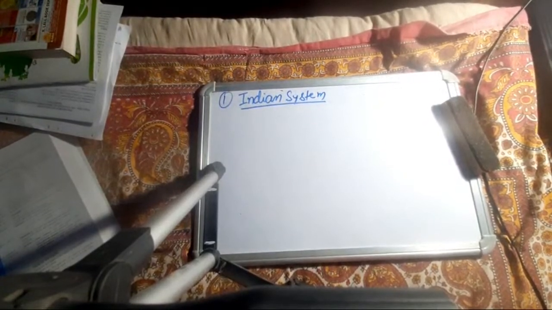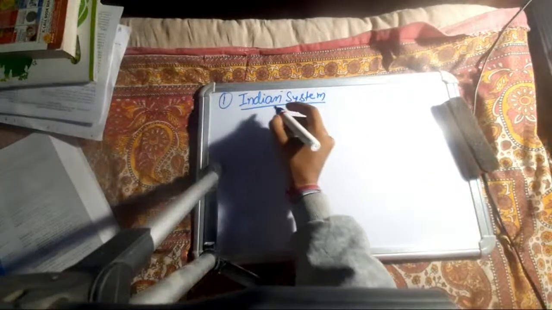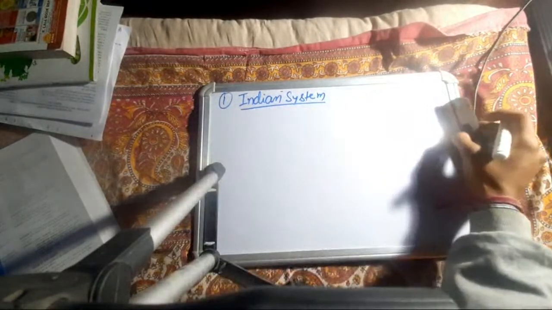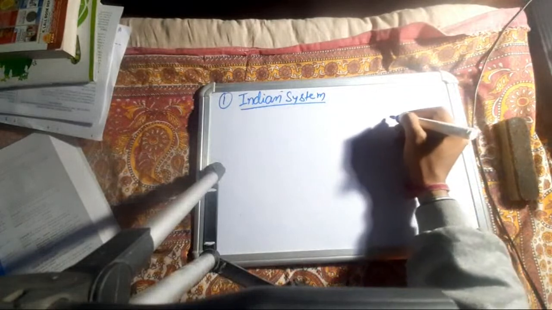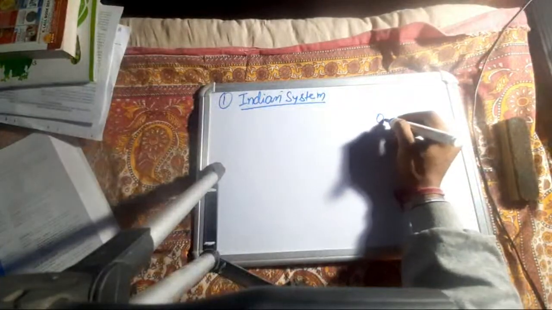So in this system, we will be having our ones towards the right side. We write it as ones.